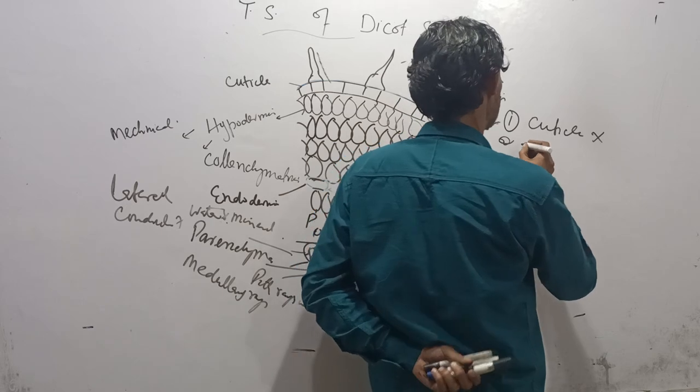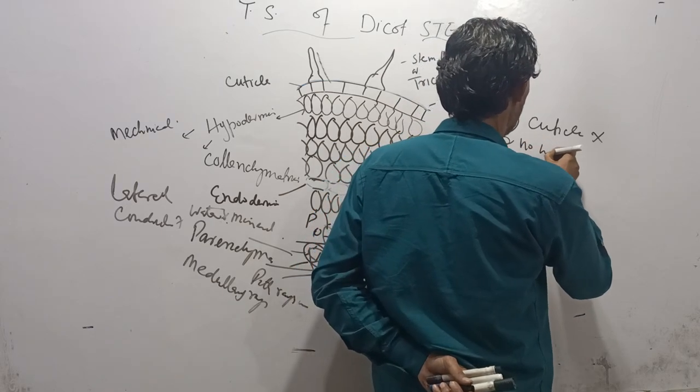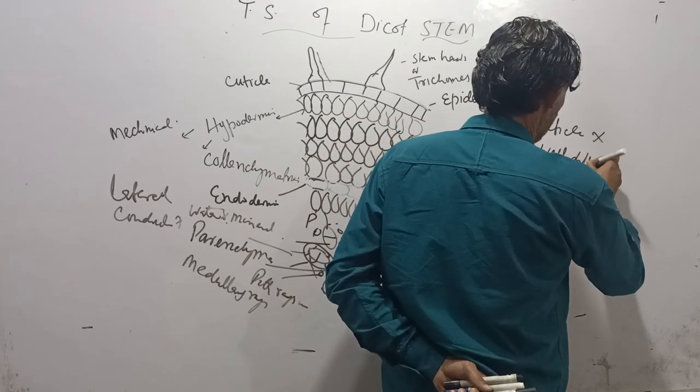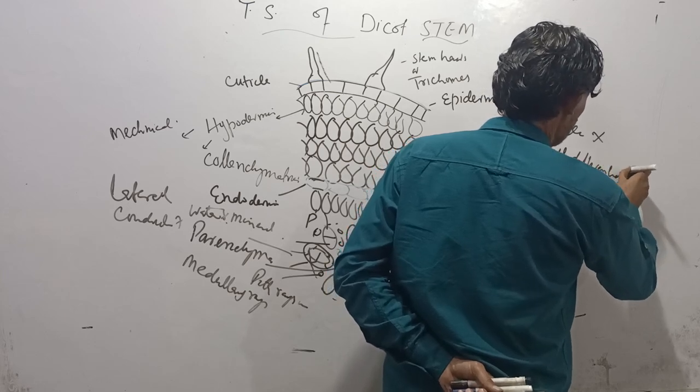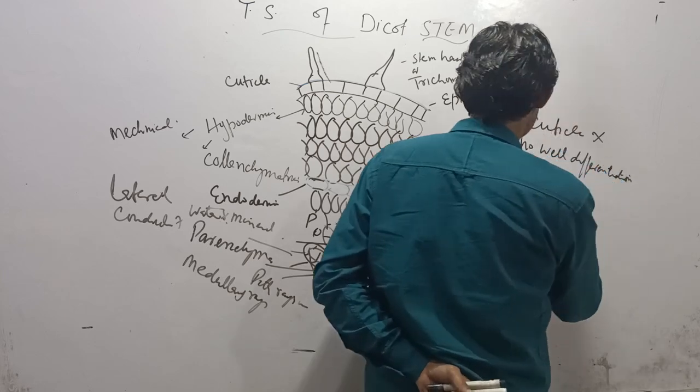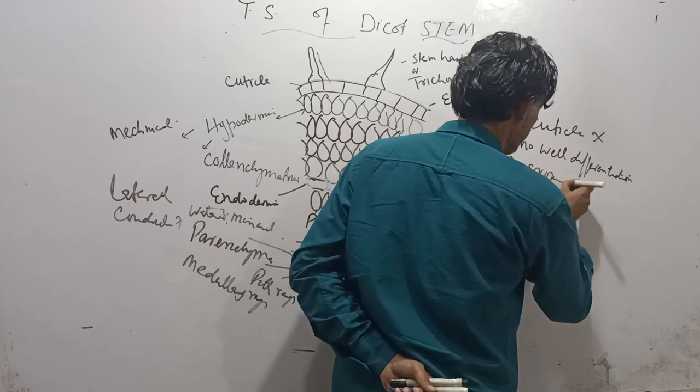In monocots, there is no well differentiation of ground tissue.